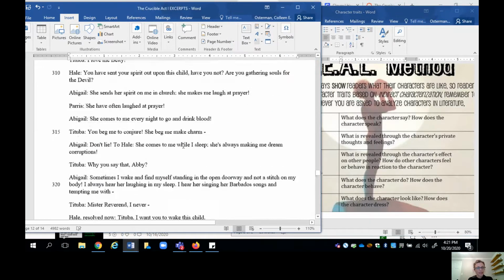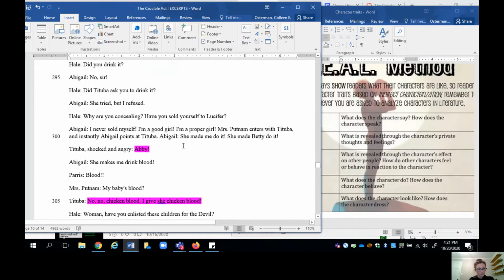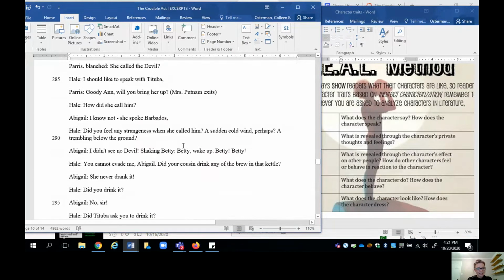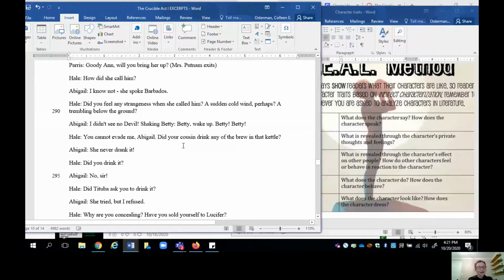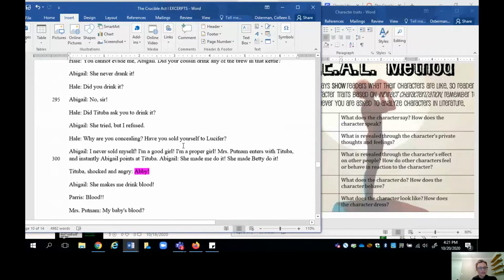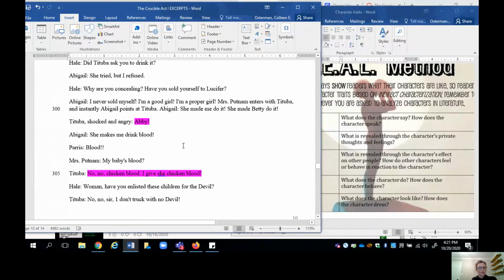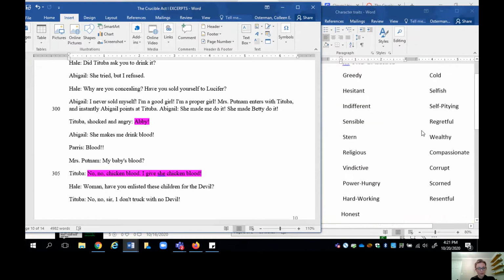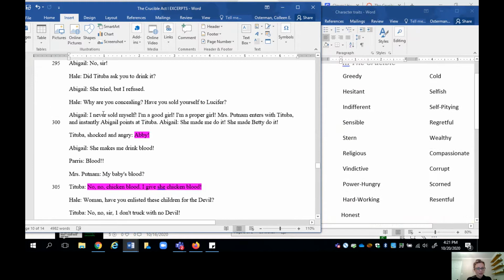Okay, so I'm looking at excerpt number 3. And like I said, I already introduced the scene. We have Hale and Abigail and Paris, and all these people are in a circle, and they all want answers. They're starting to freak out. And Abigail says, "I never sold myself. I'm a good girl. I'm a proper girl."